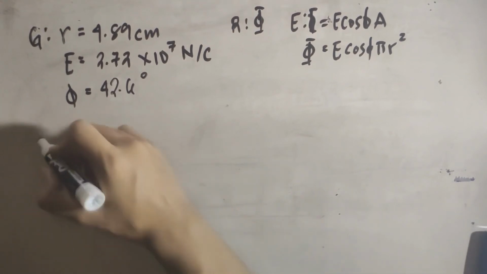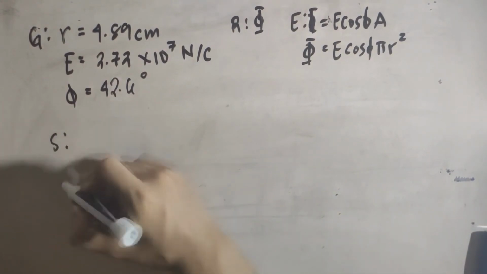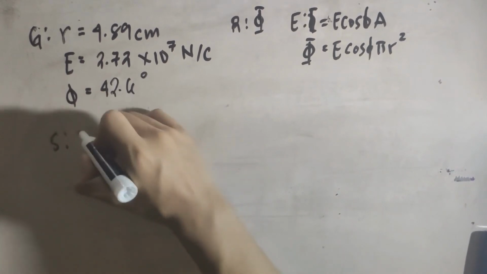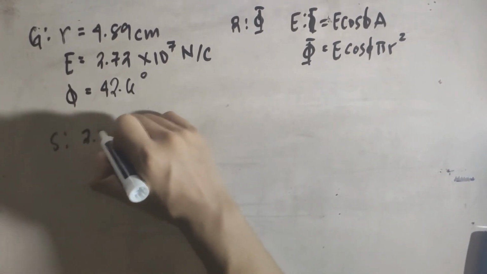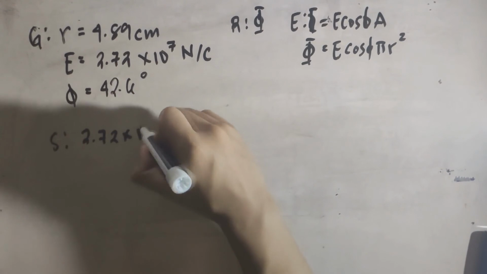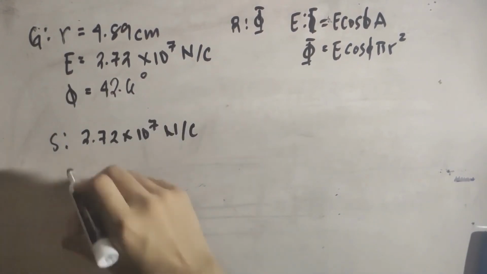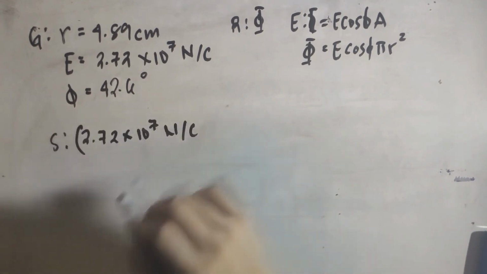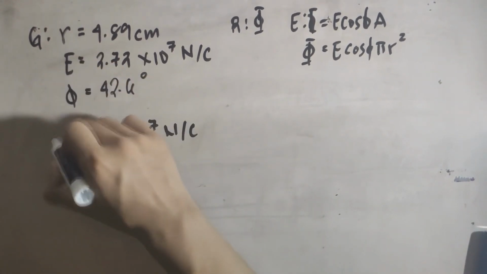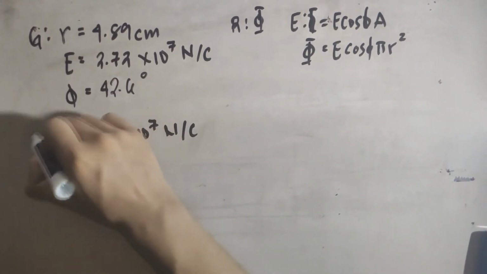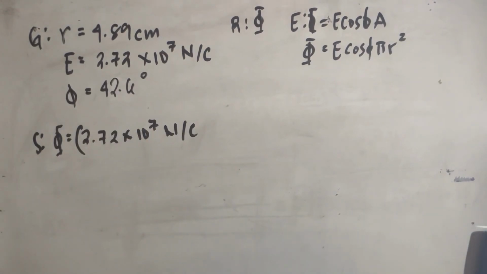So for our solution, we have an electric field which is 2.72 times 10 raised to 7 newtons per coulomb times, oops, we forgot this one. Okay, so don't forget that, guys.